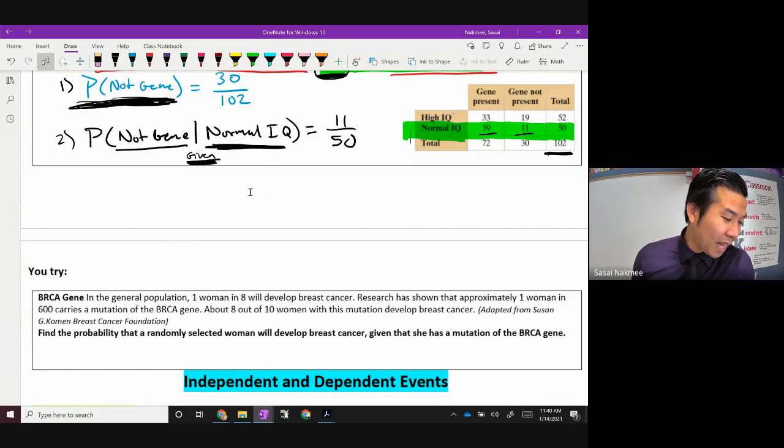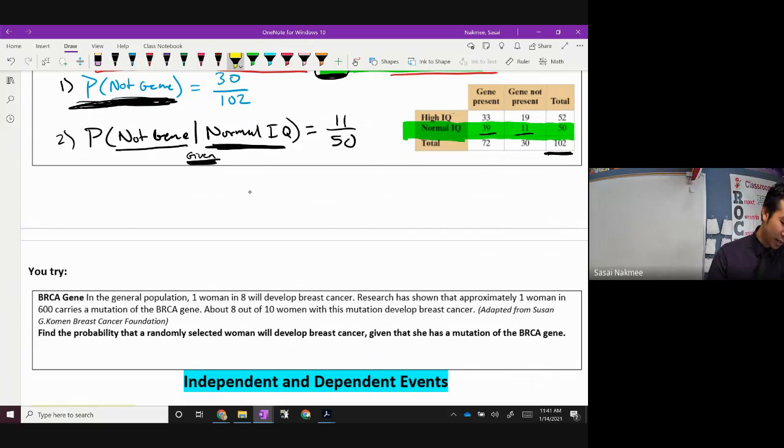About 8 of 10 women with this mutation develop breast cancer. This was calculated by Susan G. Komen, Breast Cancer Foundation. Scary thought to look at, because normally, this is already a scary value right here. This is like terrifying to me.